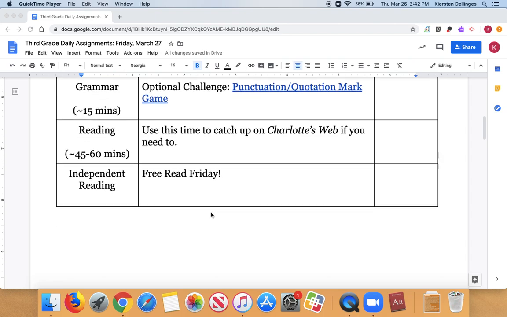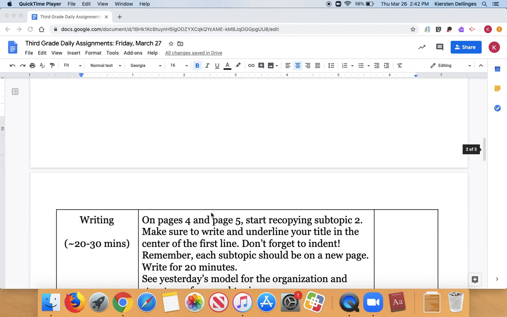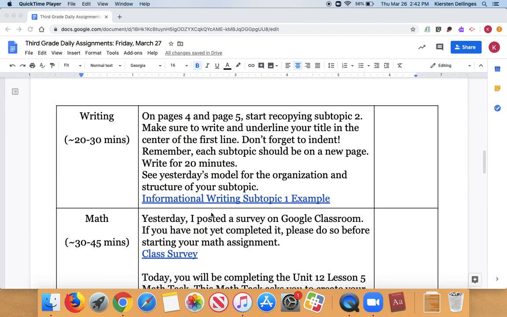Okay? If we scroll on down to writing, today you are writing your final draft of subtopic 2. I really want you to look back at this informational writing example that I gave you from yesterday so that you can see that structure and organization of what I want your paragraphs to look like.